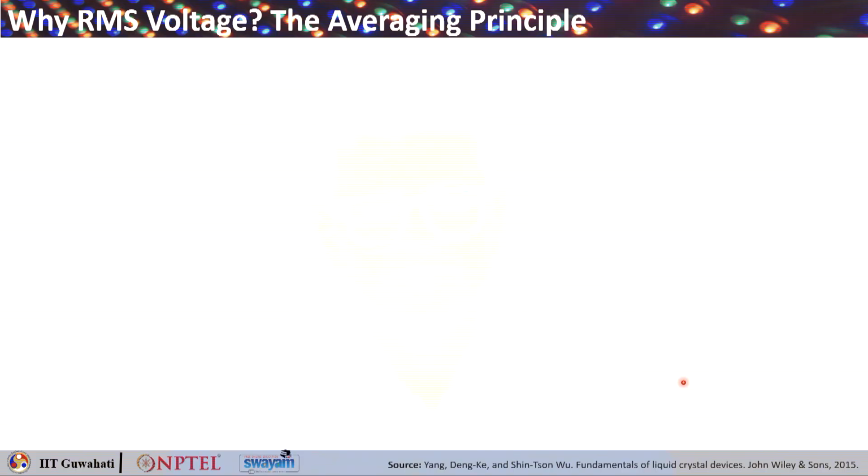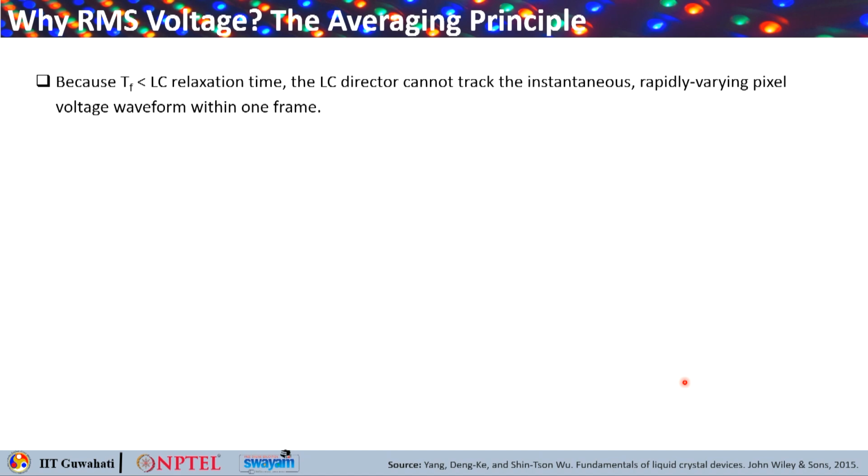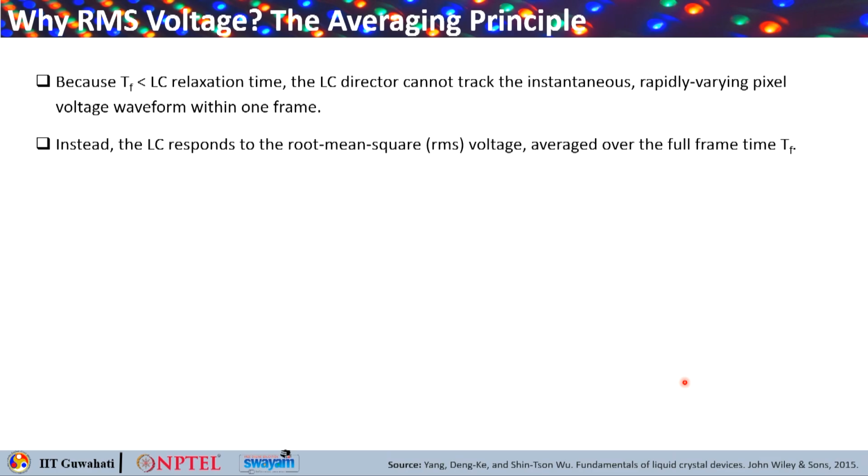So why this RMS voltage? This particular slide will explain that the single most important physical principle behind the passive matrix LCD driving scheme is the RMS voltage averaging. Because the frame time is deliberately kept shorter than the liquid crystal's own relaxation time, the liquid crystal director physically cannot respond to, that means it cannot track, the fast jagged instantaneous voltage waveform that a pixel actually experiences within a particular frame.